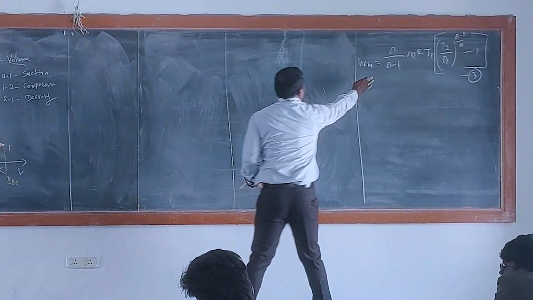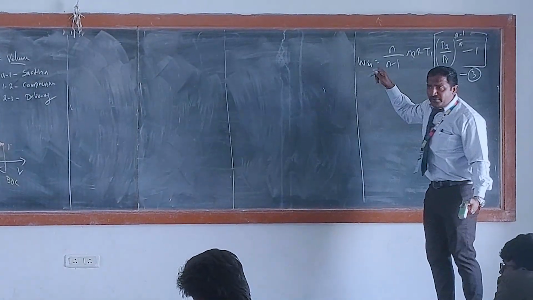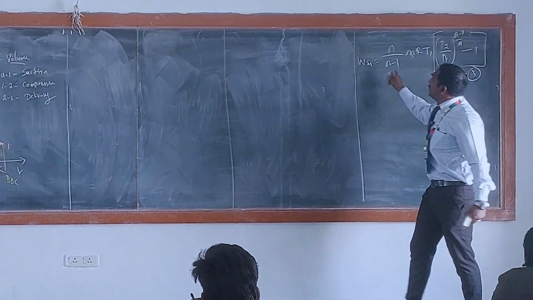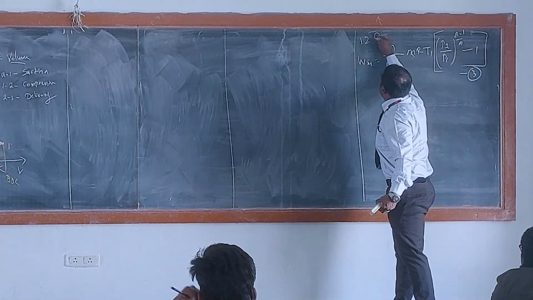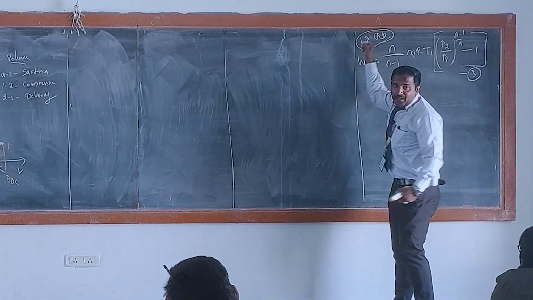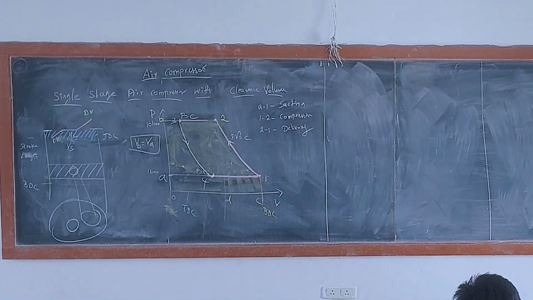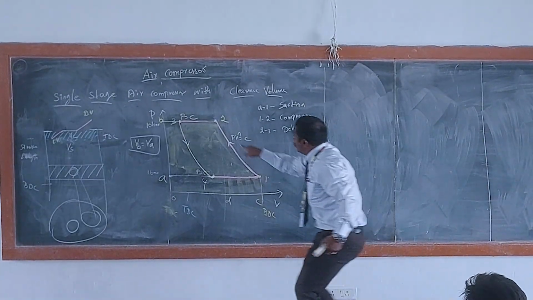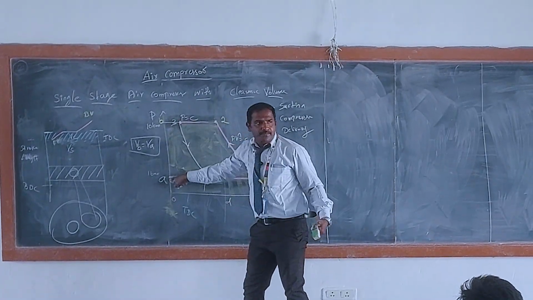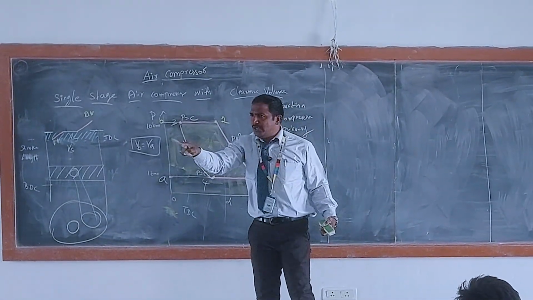Okay, I will take this equation. I know very well, last class I showed this equation for the area 1 to AB. Am I right? This equation is for the area 1 to AB. Right? Do you have any doubts?